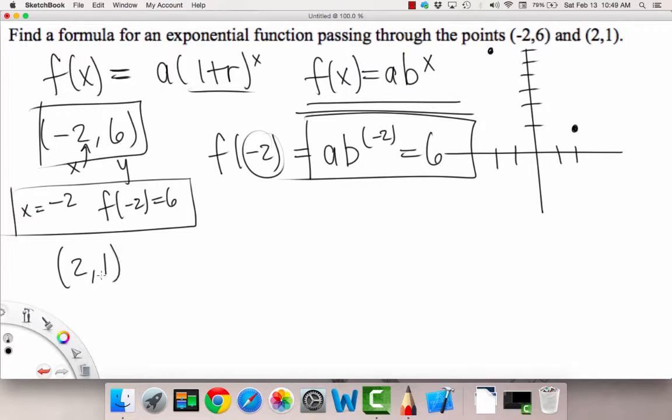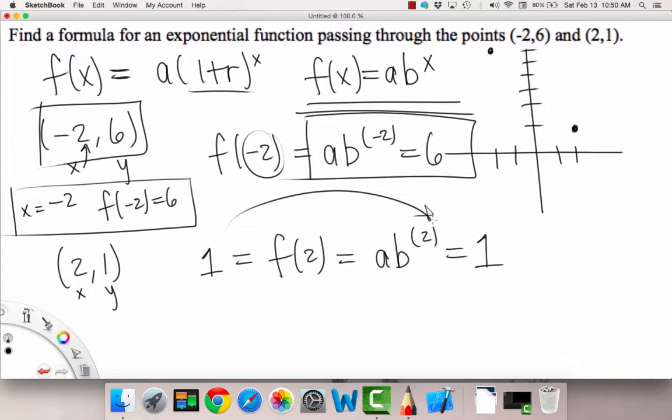We're given the point (2, 1). So let's set up a similar equation with this point instead. Now x is 2 and y is 1, so 1 is equal to f of 2. If we plug that in, we get a times b to the 2 power, and I'm just moving the 1 over to the other side.